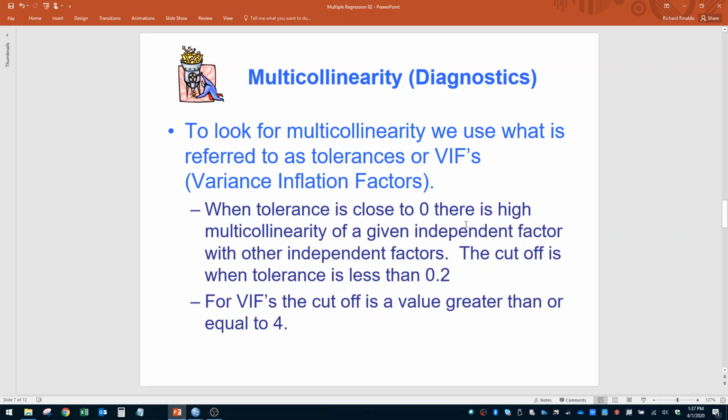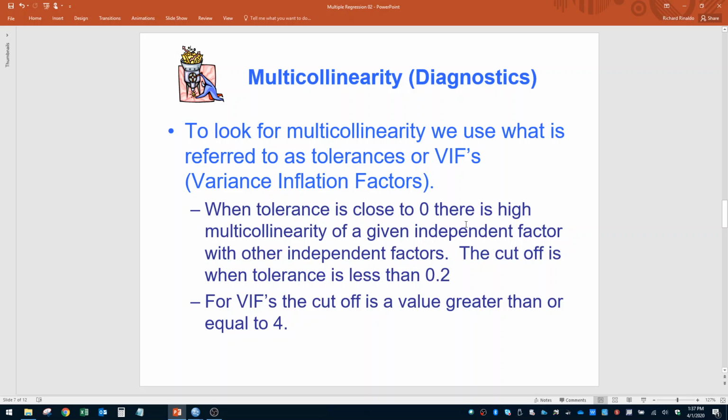As it approaches or gets close to a value of 0, I'm becoming more and more concerned about my collinearity problem. The cutoff, as I know, is just a subjective cutoff, but if I have a tolerance less than 0.2 for a given variable or pairs of variables, then I know that I have a collinearity problem in terms of that pair of variables or predictors.